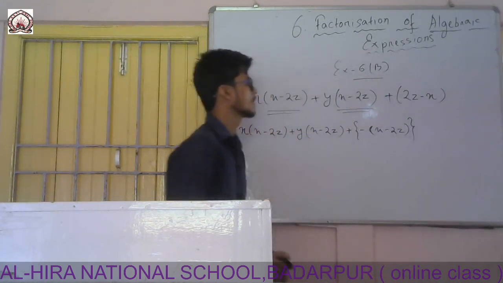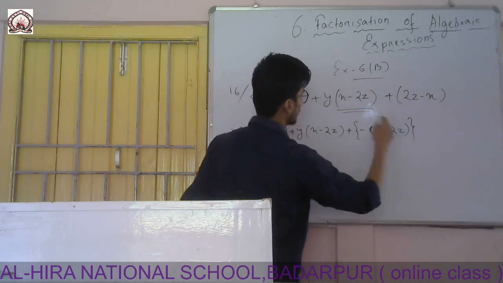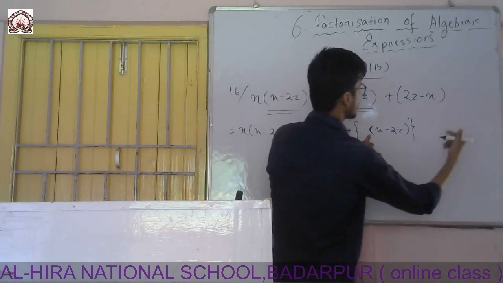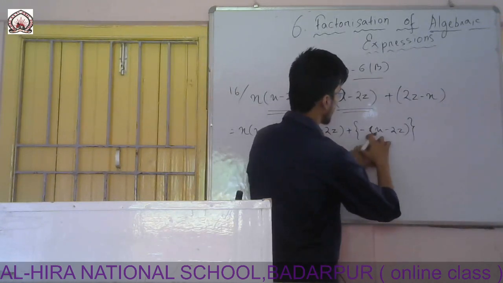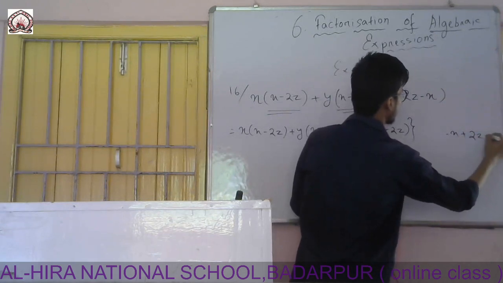Simply reverse-arrange this one like this, so I have written this. If I solve this one again, it will be the same. If I multiply this with minus, minus into x will be minus x, and minus into minus will be plus 2z.